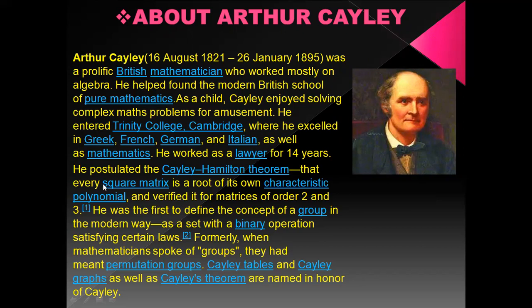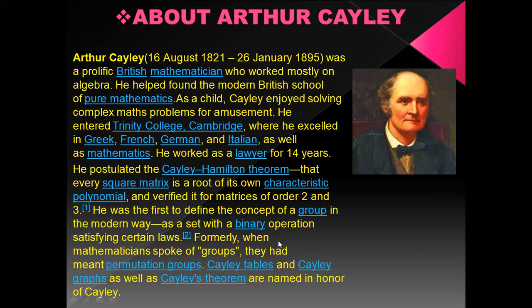He postulated the Cayley-Hamilton theorem, that every square matrix is a root of its own characteristic polynomial, and verified it for matrices of order 2 and 3. He was the first to define the concept of a group in the modern way, as a set with a binary operation satisfying certain laws.